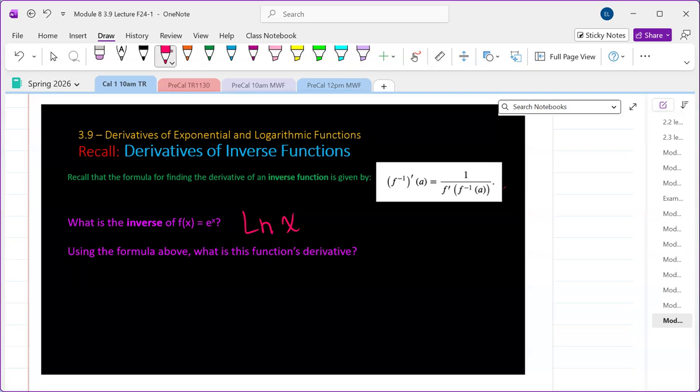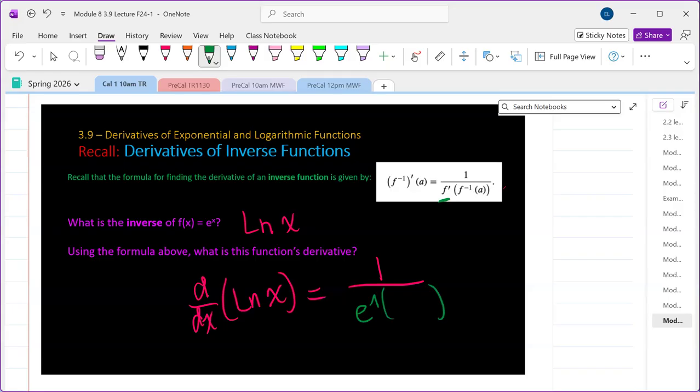So our derivative of natural log x is 1 over. Now the derivative of the normal function e to the x is e to the x. So e to the, and then we put the inverse function inside here.